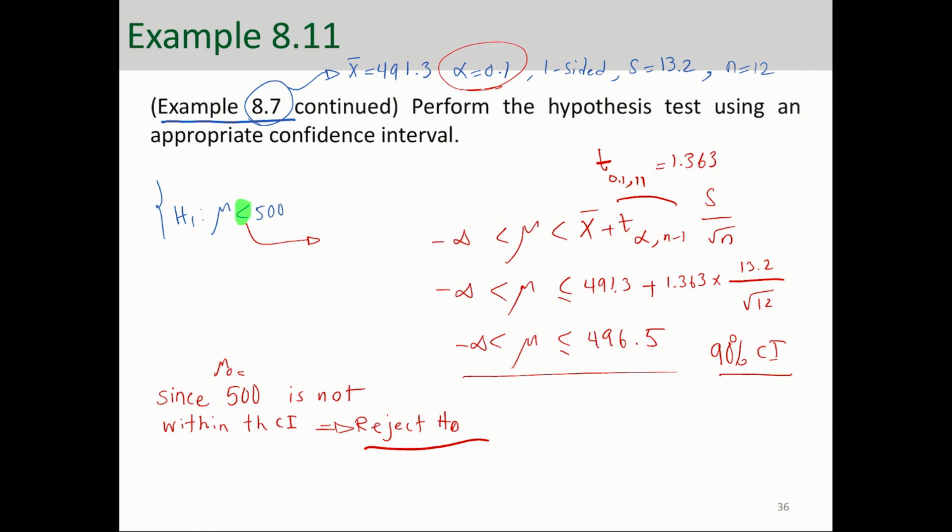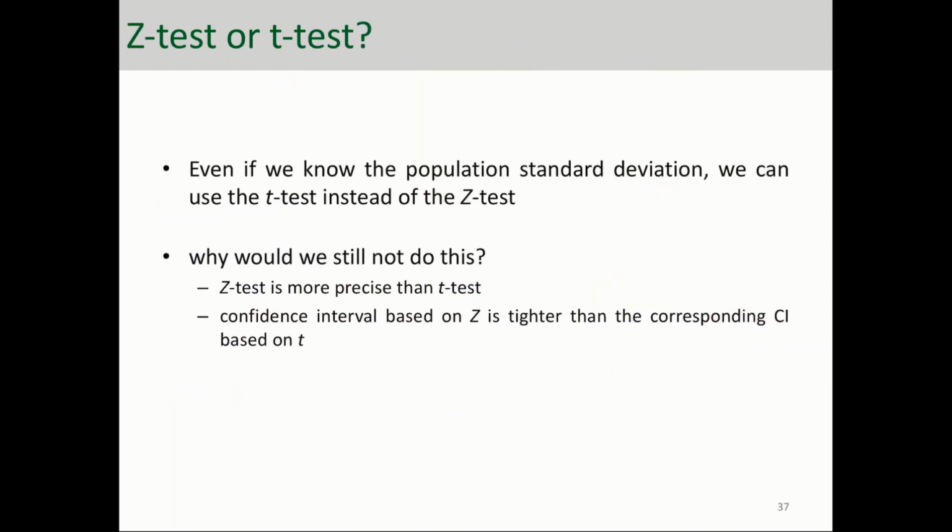So here we did the t-test always, and the reason for all these examples was, first, the standard deviation of the population was not known, and second, sample sizes were all less than 30, just like what you see in this example. But whenever you have the choice of doing the z-test, it is preferable to do the z-test because it is more precise, right?